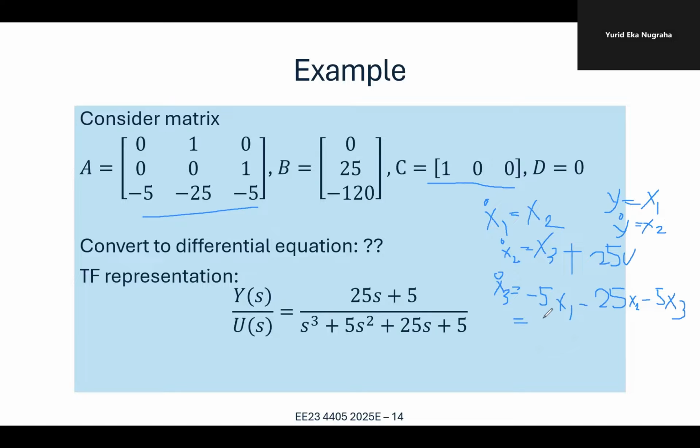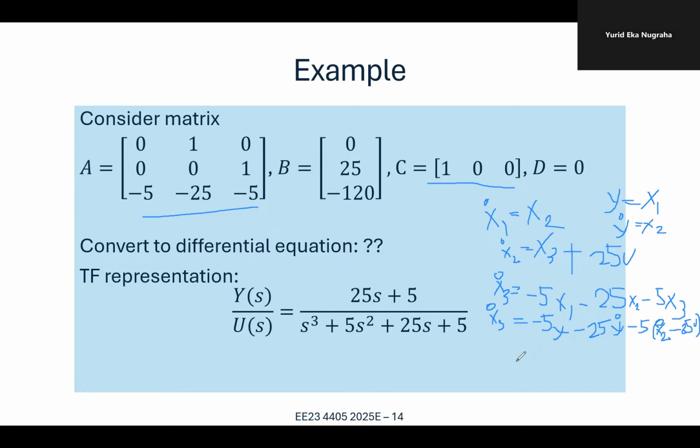So this is same as minus 5 y minus 25 x2. Here is y dot minus 5 x3. So x3 is x2 dot minus 25 u, and this is x3 dot.